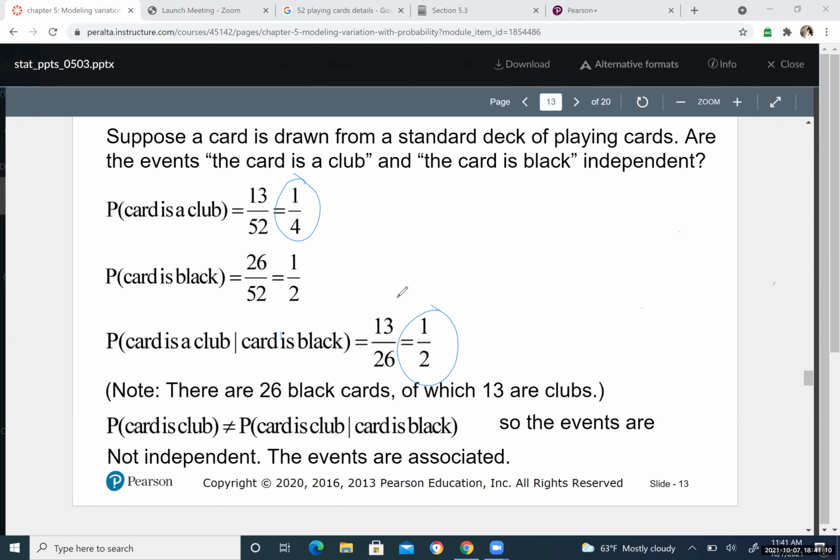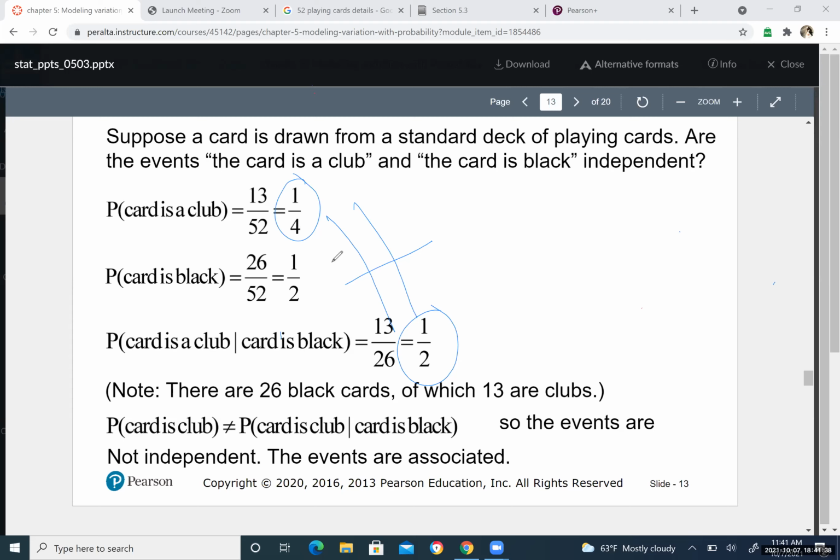So for this situation, you see that the probability of event A, a club, is not equal to the probability a card is club given that card is black, right? They're not the same. It means they're not independent. That means they are associated.